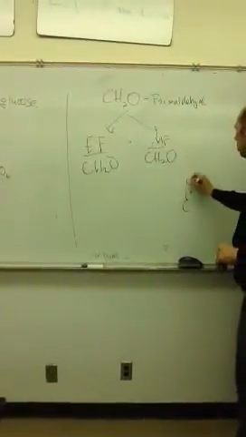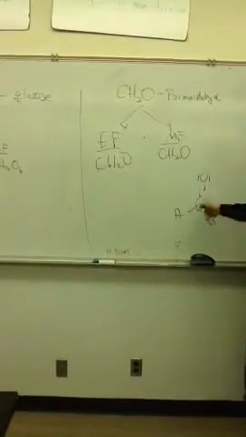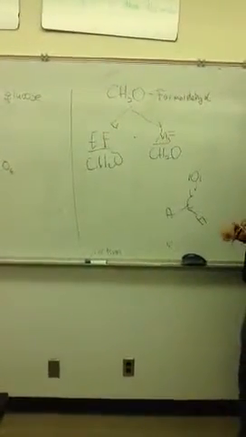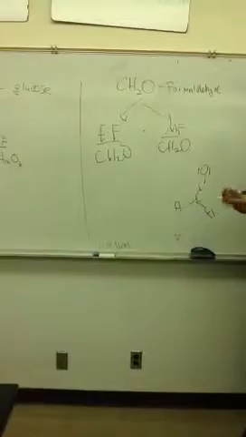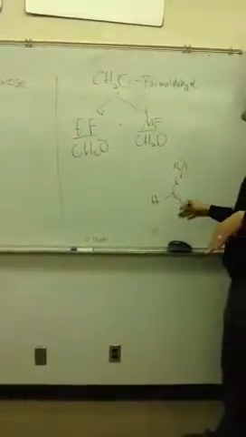Formaldehyde looks like this. There's its Lewis structure, CH2O. Glucose is 6 units of this. This is not glucose. This is just when glucose is reduced to its whole number.